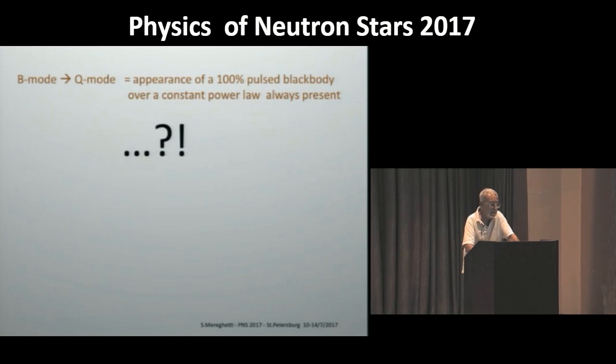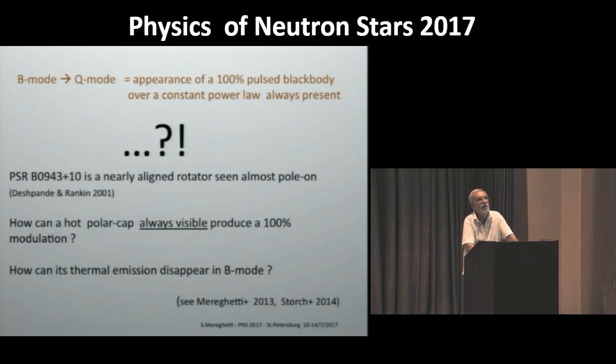And also it is puzzling because we know from radio observations that this object is a nearly aligned rotator, and we are looking at it from a direction which is not far from the rotational and magnetic axis. So we should be always seeing a hot polar cap. So we expect first that the pulse fraction be rather small if we are always seeing a polar cap.